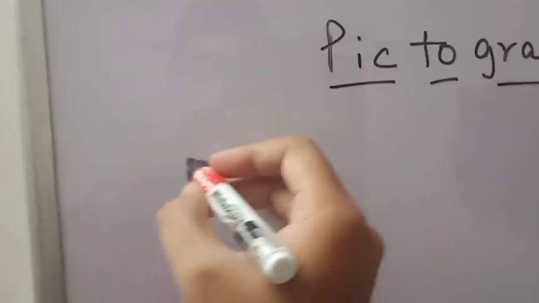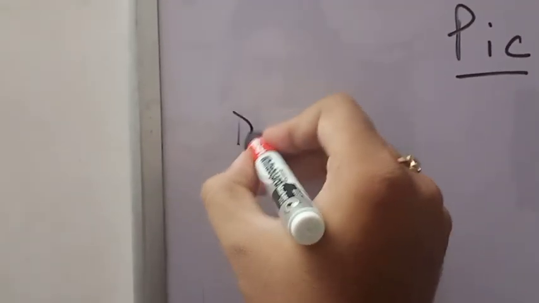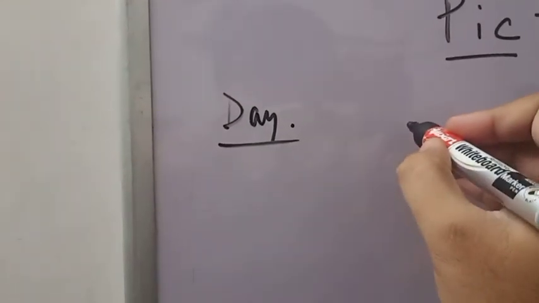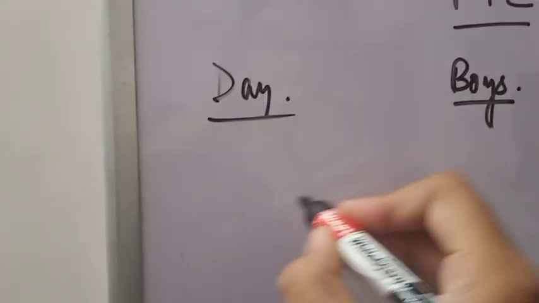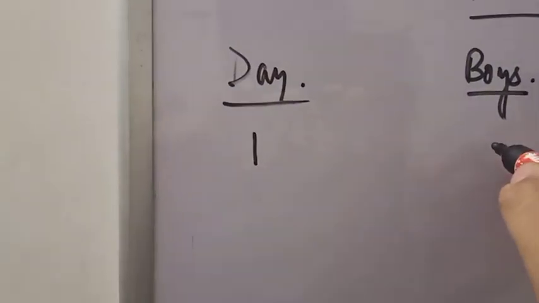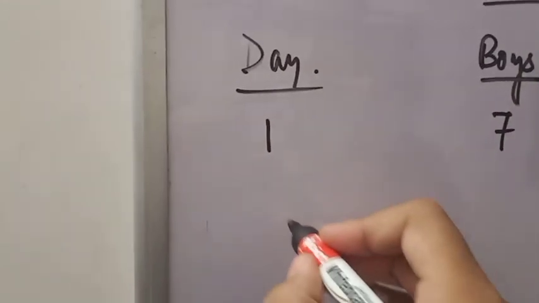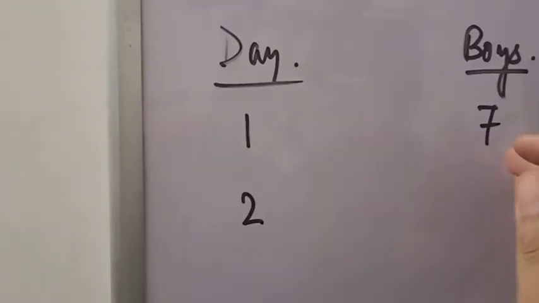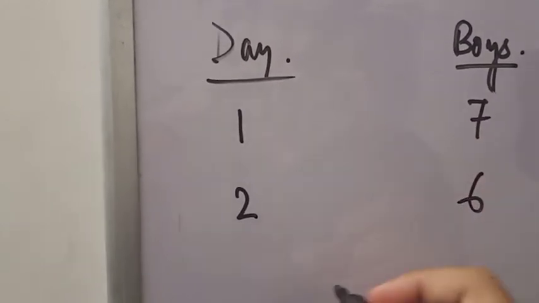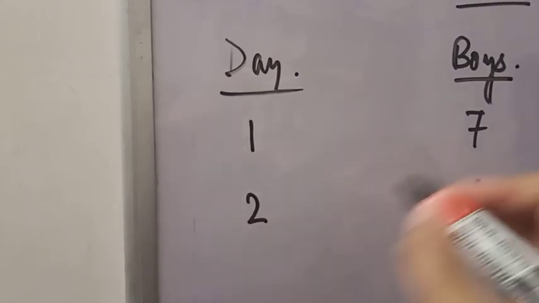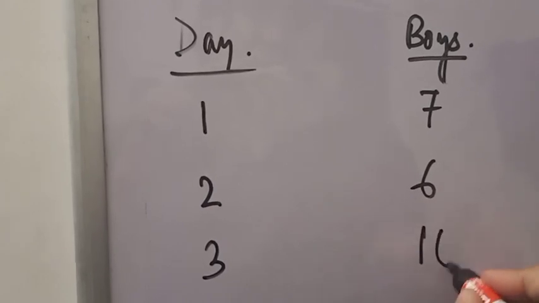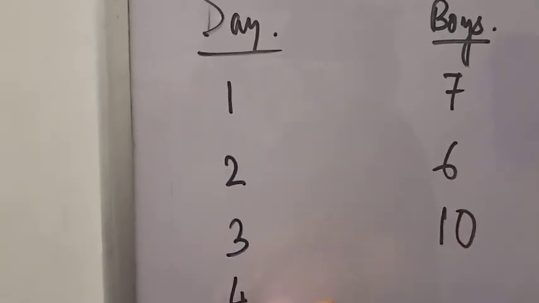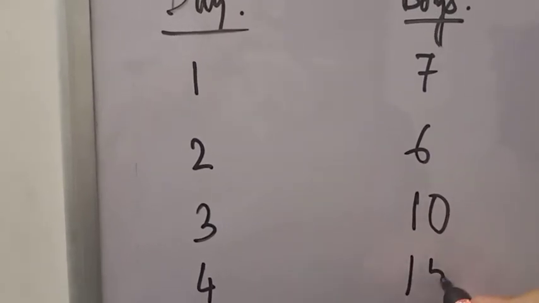For example, I am taking data of day and boys. First day, 7 boys, second day, 6 boys, third day, 10, fourth day, 15, and fifth day, 20.